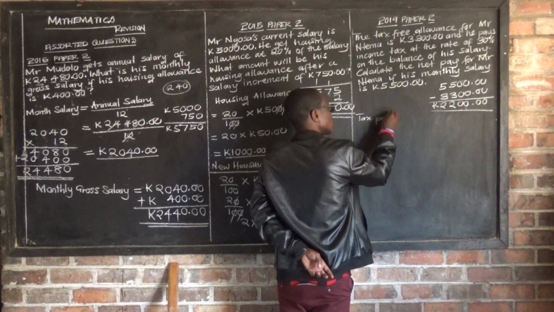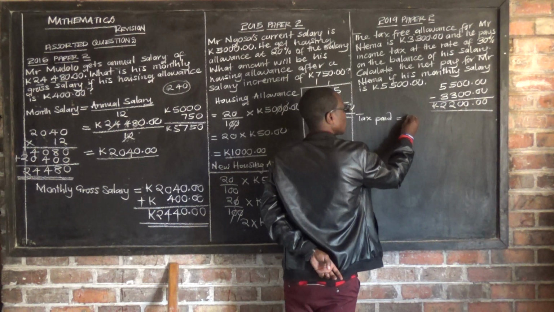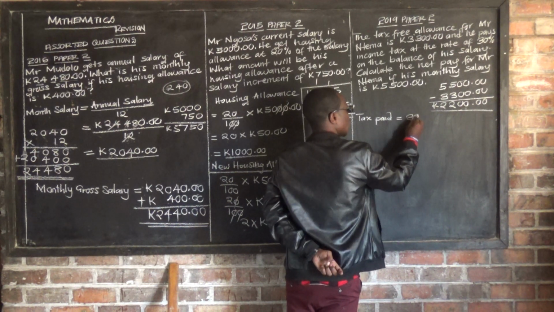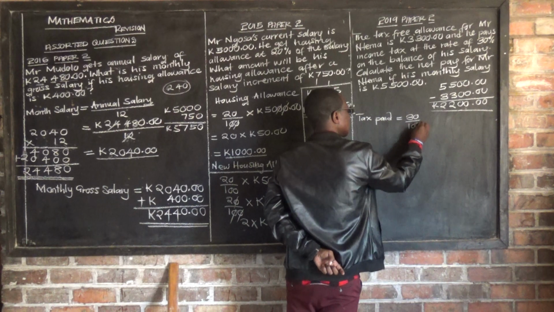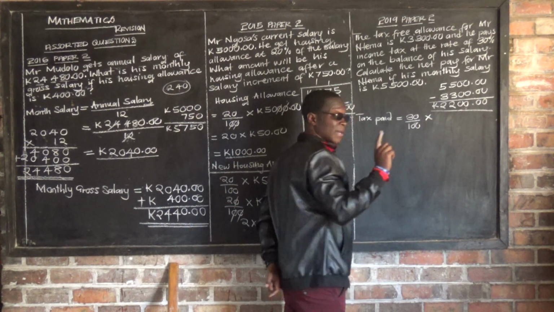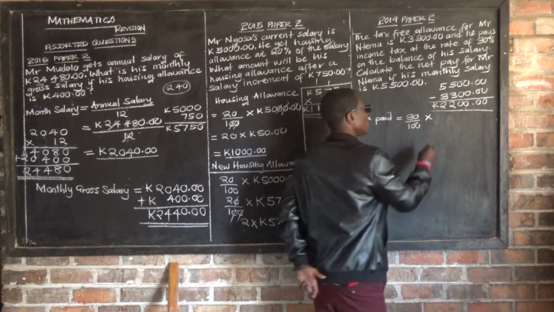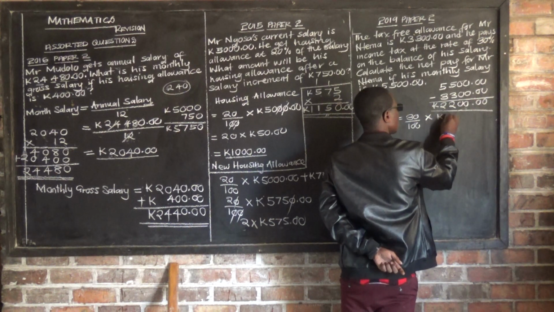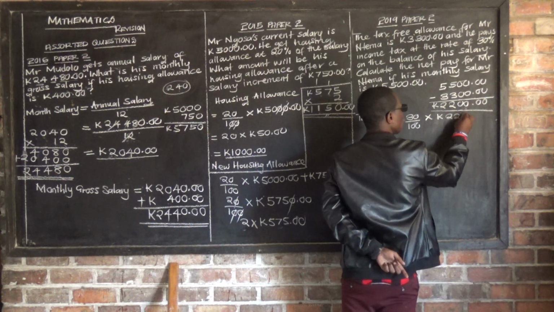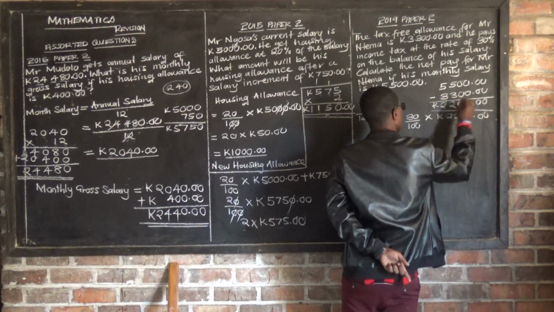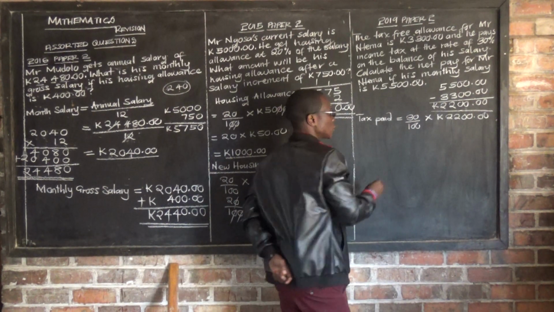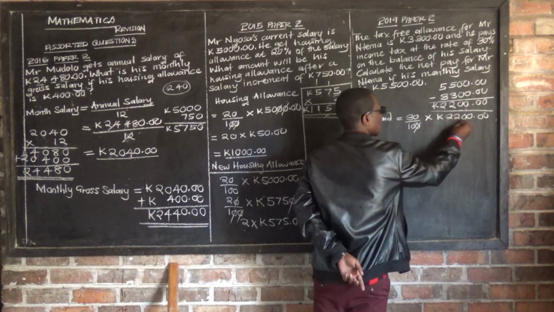paid is equal to what was the rate? 30 over 100, multiplied by, remember the balance, right? The balance is 2,200. Yes. 2,200. That was the balance, right? So you can say this 0 and this 0 are going to go.